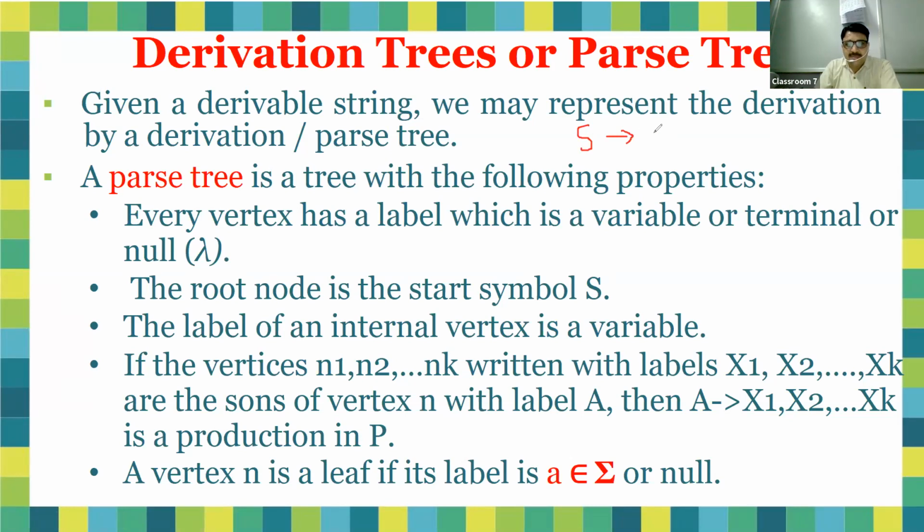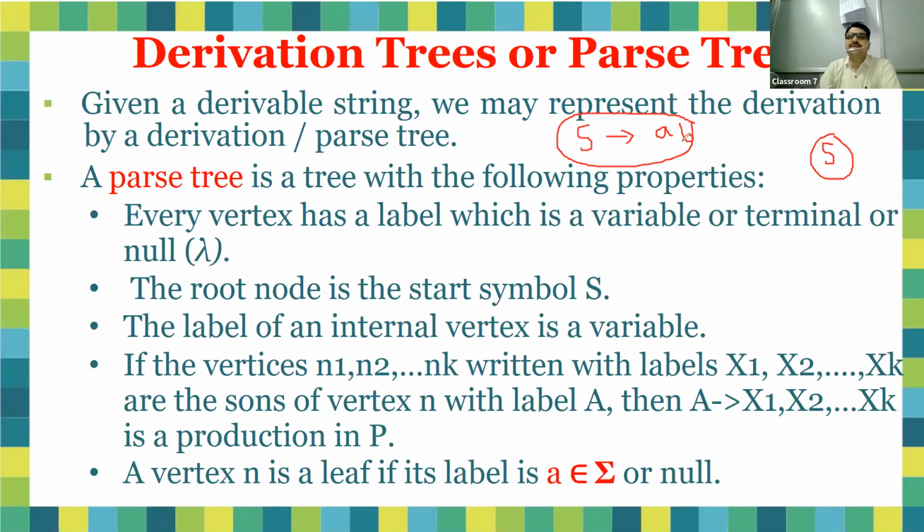So this given grammar is the sentential form. If we want to represent this sentential form in the form of a tree, then we must start with the start symbol S. Suppose S goes to AB. It means that in place of S, you can write AB.